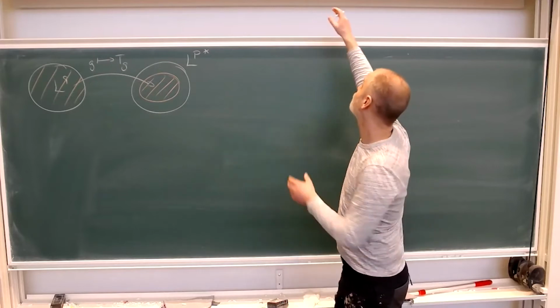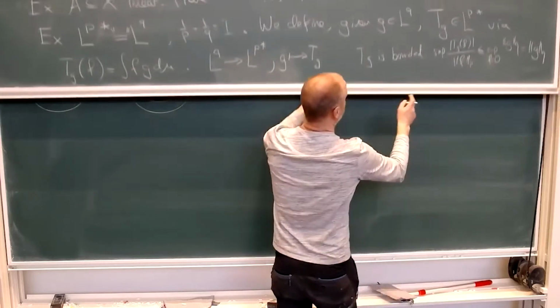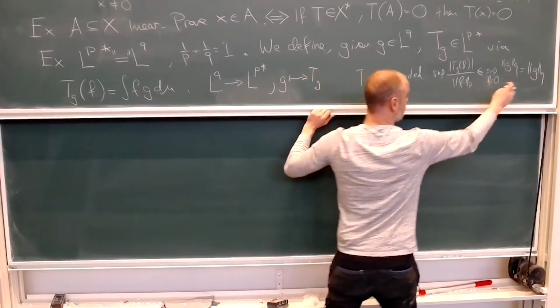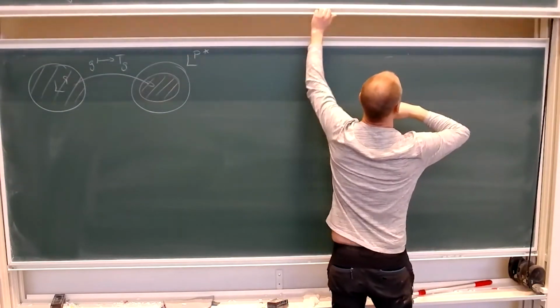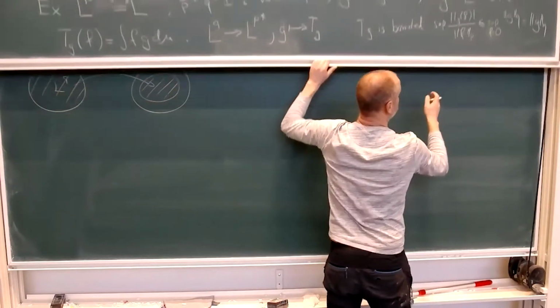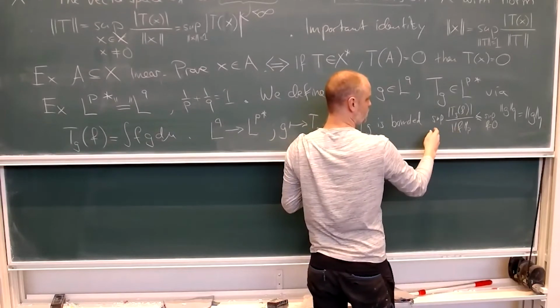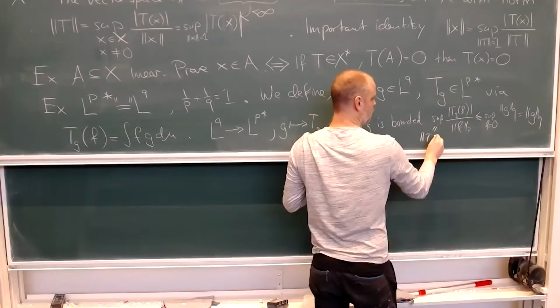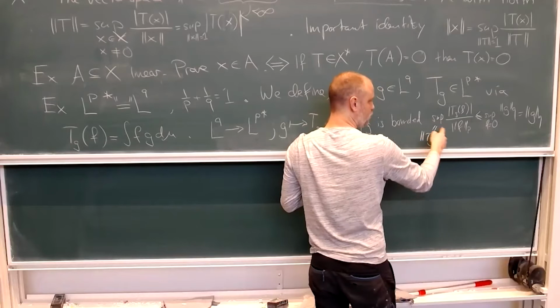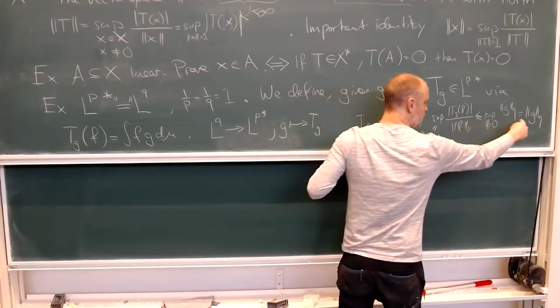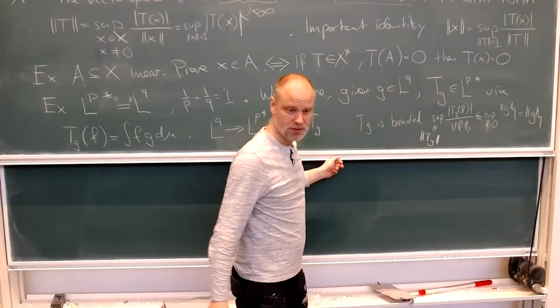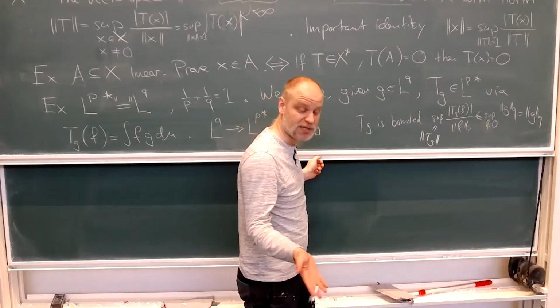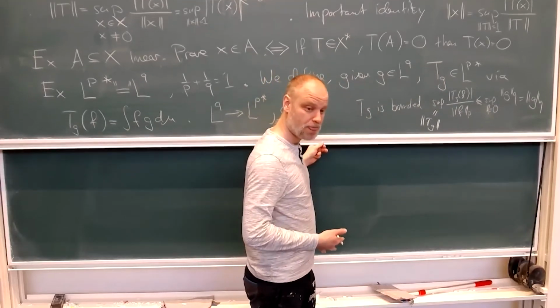The only thing we know from this configuration here is that, so this was here, the norm of T_g, right? So I get that the norm of T_g is less than or equal to the norm of g, which just tells me that T_g is bounded.